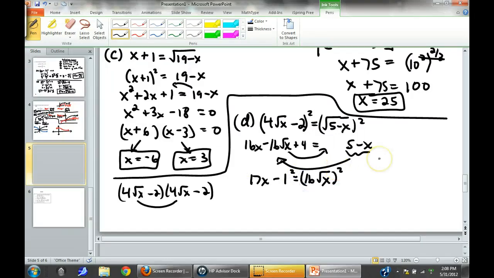Oh, 16 squared. 256. So we have 256x. Here we square, boy, 17 squared.